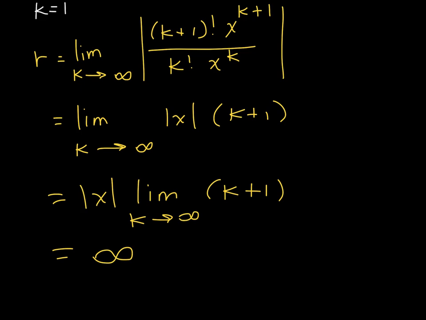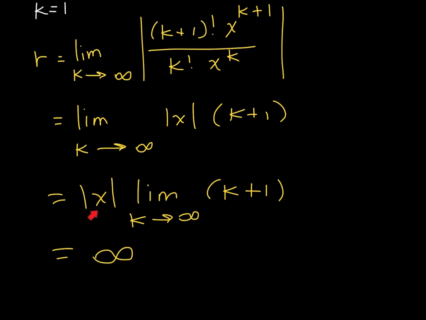Now listen to this. This power series can only converge if this limit is less than 1. But notice that it's not less than 1. It's infinity. But the only way that this limit could be less than 1 is the one and only case where x is equal to 0.